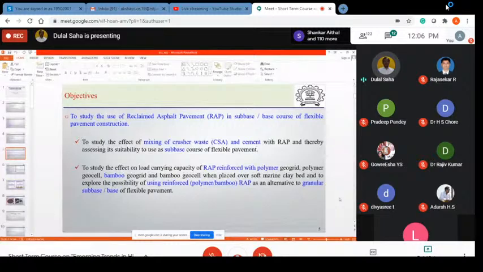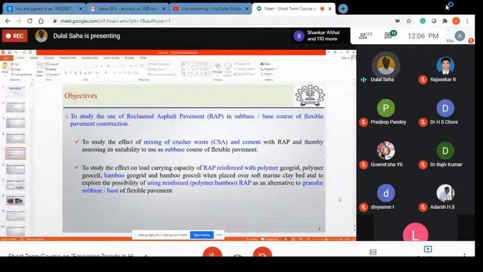Once we have used that, then the two basic parameters of this granular material, that is strength in terms of CBR and UCS, improved substantially, and satisfied the requirement of subbase as per our IRC consideration.